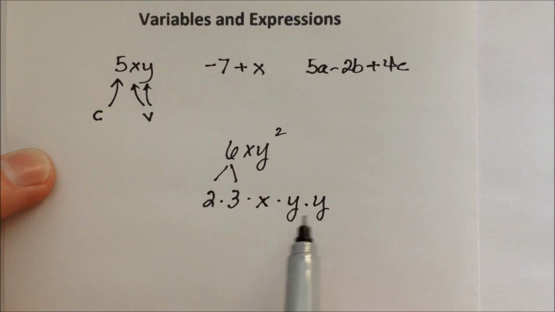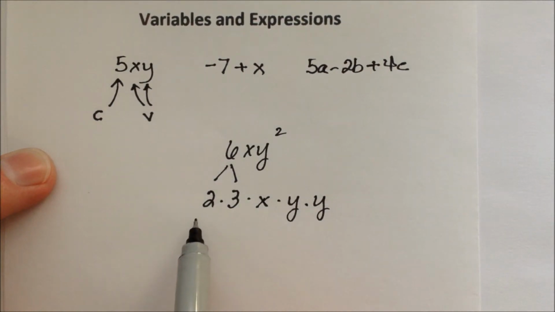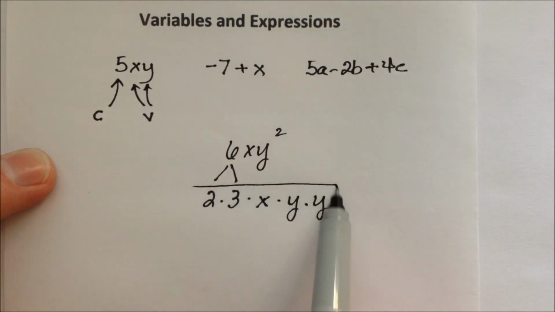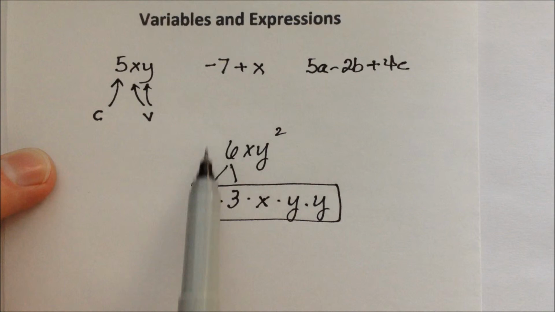So we'll have y twice because it's being squared. So right here is what we call the factorization. So what are the factors of 6xy squared? Well, the factors are 2, 3, x, y, and y. Because when you multiply all these together, this is kind of the simplified form of that.